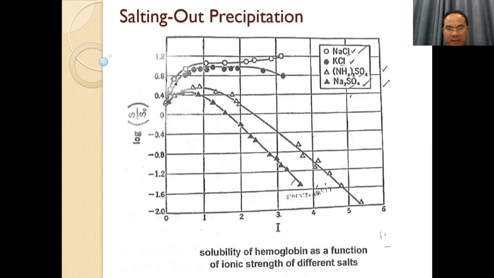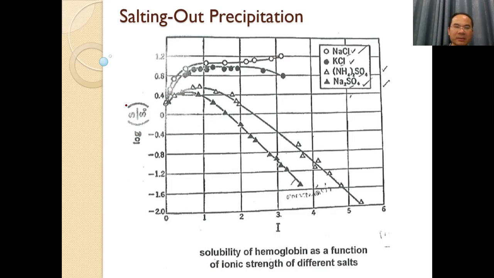And for real systems, this picture shows the effect of salt. This is the effect of sodium chloride. Mostly sodium chloride has a salting in effect, because when we increase the sodium chloride concentration, the solubility increases. Here the y-axis is the log of solubility divided by the solubility with no salt.